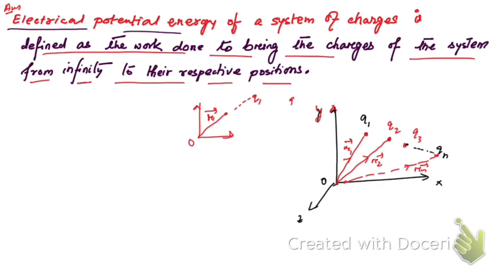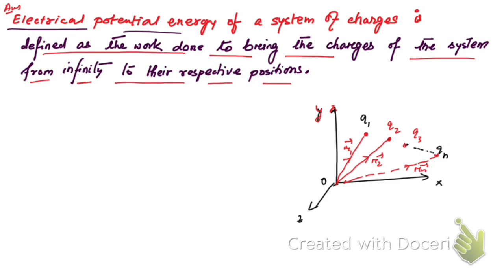But to bring the next charge q2, we have to do work against the electrostatic force due to the electric field of the q1 charge, right? Similarly we have to do work to bring q3 as well, and we are going to add all those amounts of work done to bring those charges to these positions.